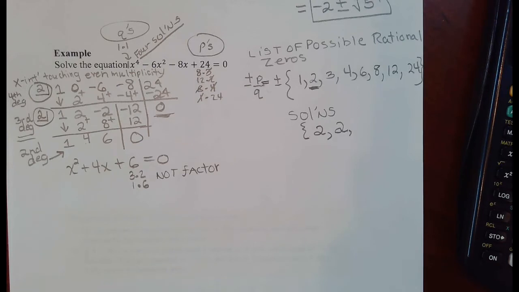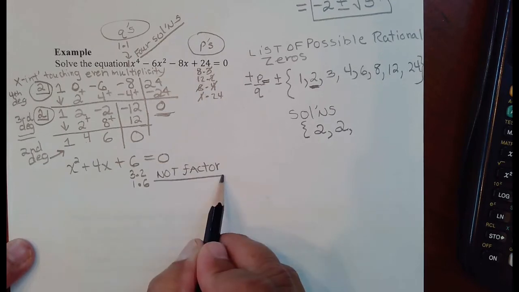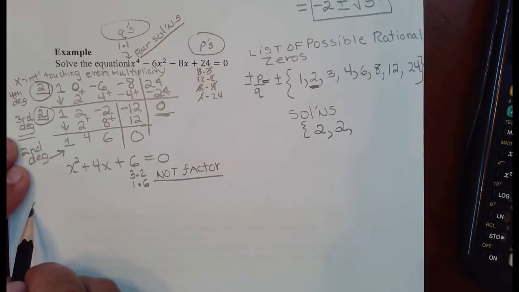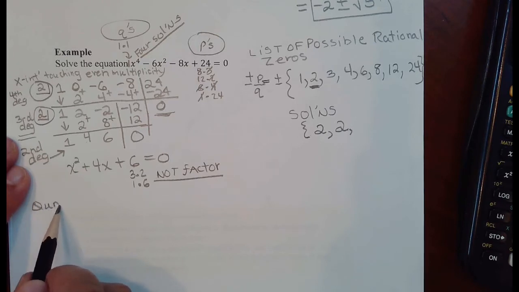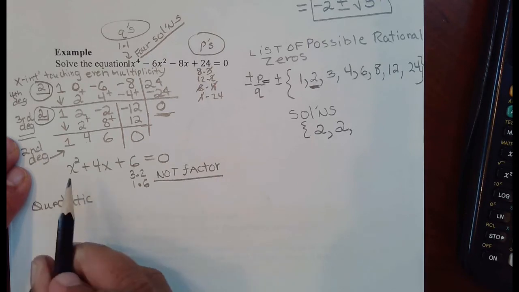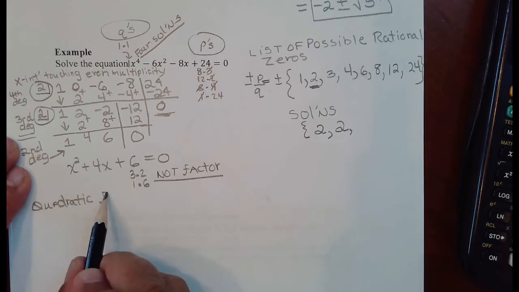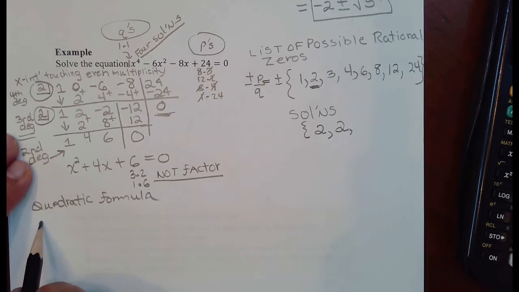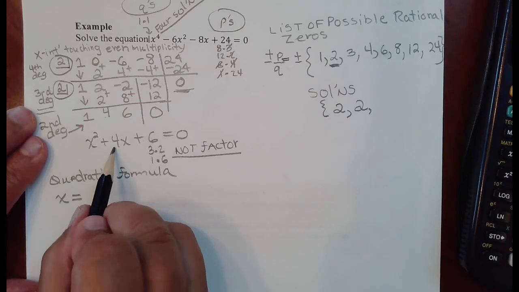So let's continue. We've figured out that this won't factor, so therefore to solve this second degree, we're going to solve by quadratic formula. You can either use the factoring or the quadratic formula to take it from second degree to the last two answers. So that formula goes like this. X is equal to opposite of the b value.